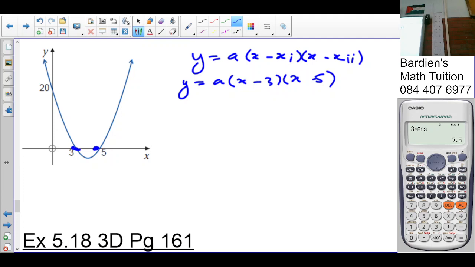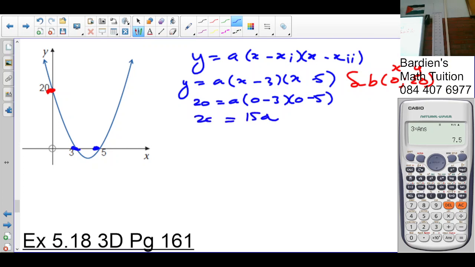To solve for a, I must substitute the point on this graph, which is 0 and 20, remembering that's the x and the y. So 20 is equal to a into 0 minus 3, 0 minus 5, which gives us 15a. Divide by 15 on both sides, so a gives us 4 over 3.